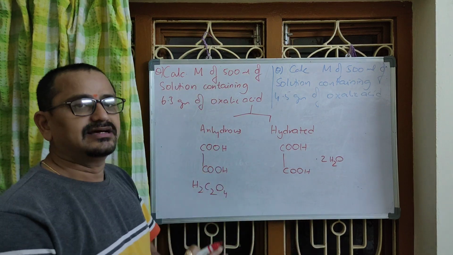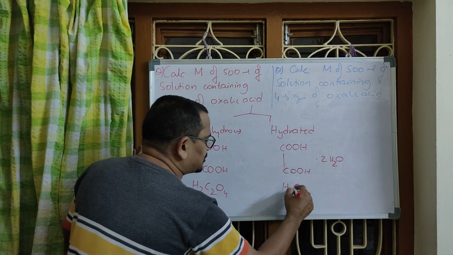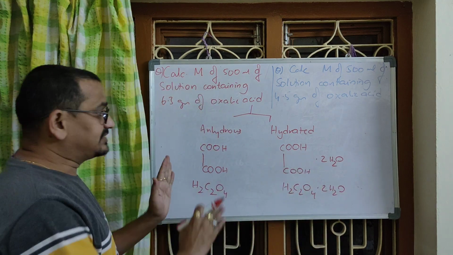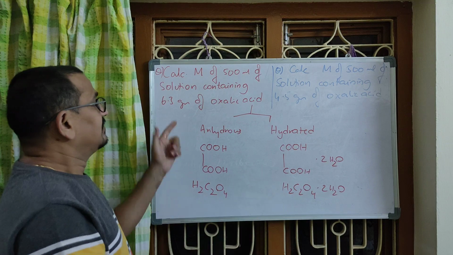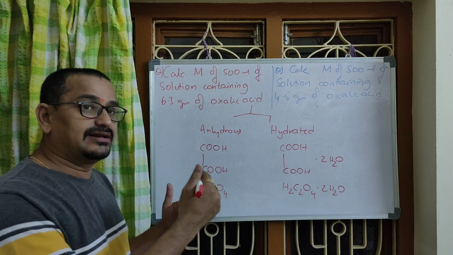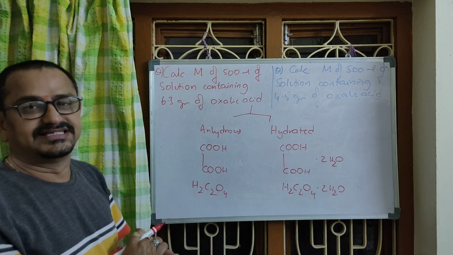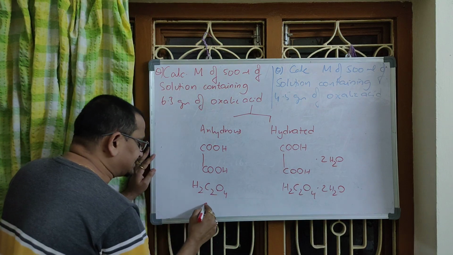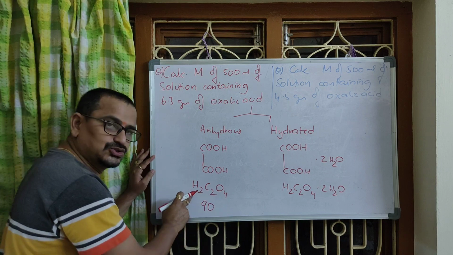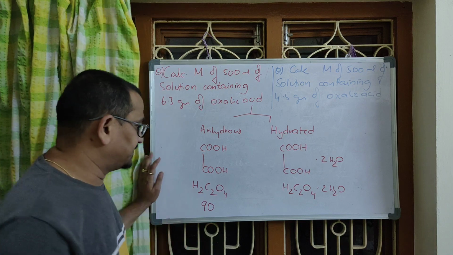In crystalline form, it is given as H2C2O4.2H2O. If they don't specify the type of oxalic acid, then we have to go by the molar mass values and assess the answer accordingly. The molecular mass of H2C2O4 is 2 into 1 plus 12 is 24, 24 plus 2 is 26, plus 16 into 4 is 64, so 26 plus 64 is 90.